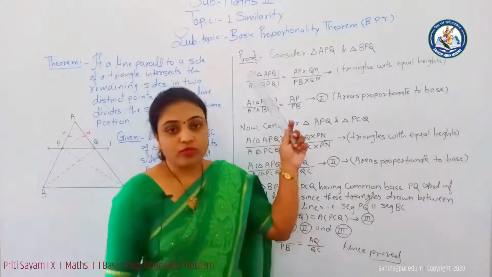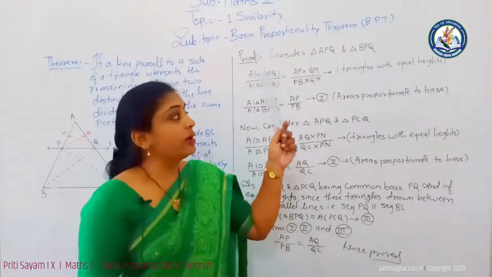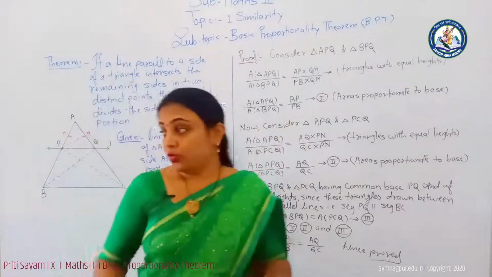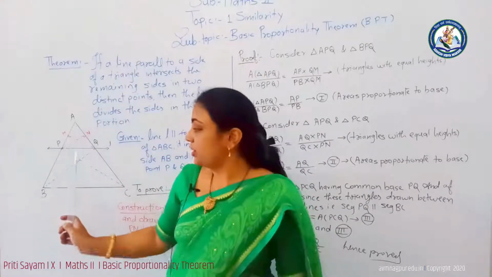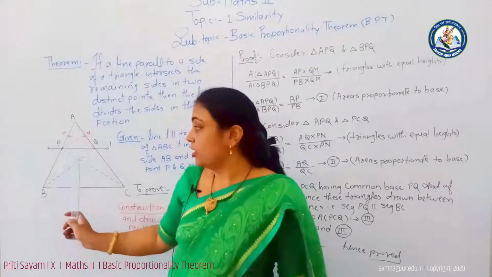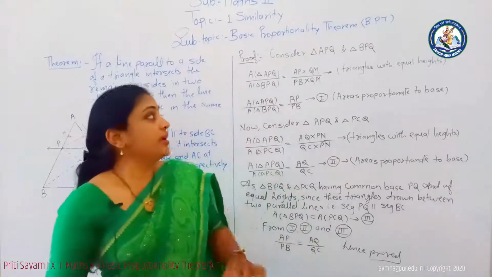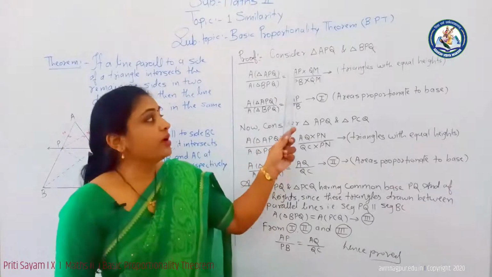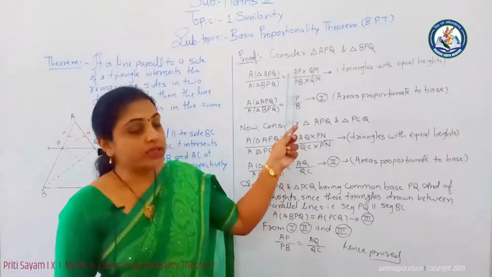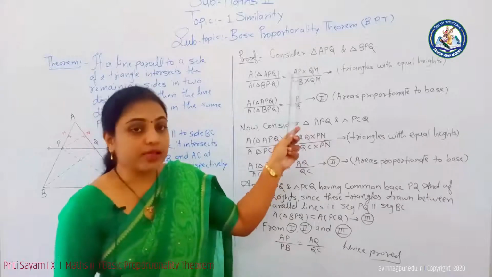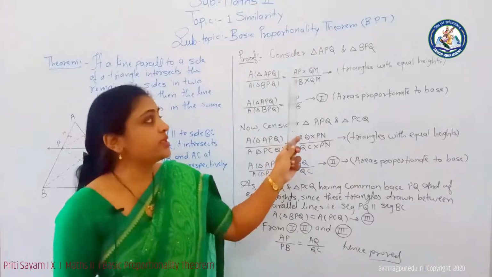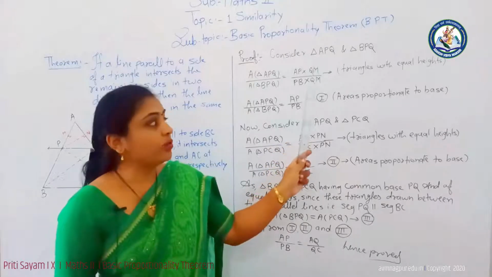For the proof of this theorem, we consider triangle APQ and triangle BPQ. In these two triangles, area of triangle APQ upon area of triangle BPQ. As we know, half into base into height: here base is AP and height is QM, and for triangle BPQ, base is PB and height is QM.